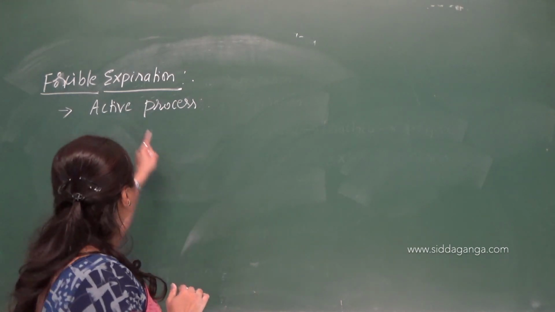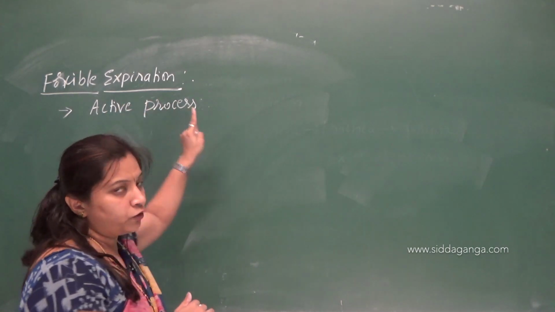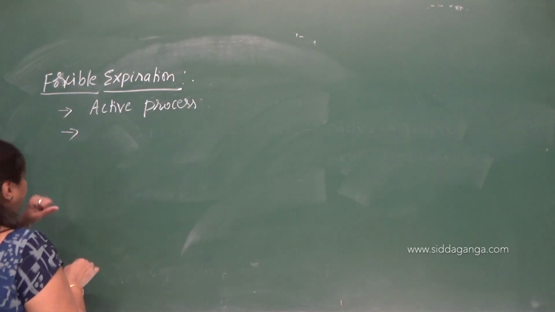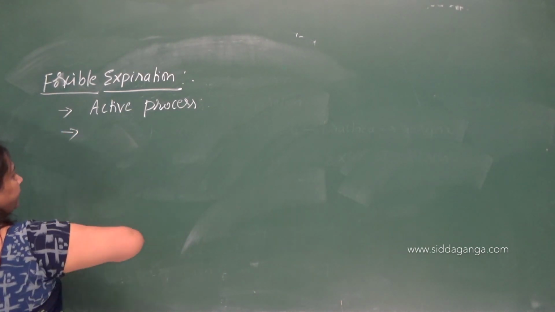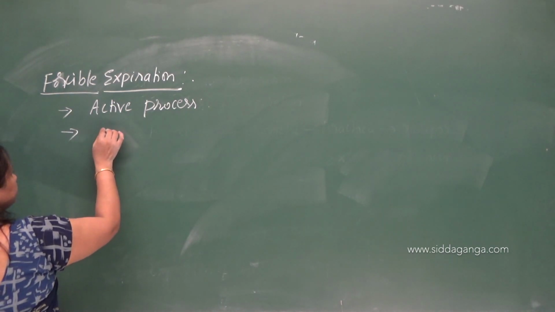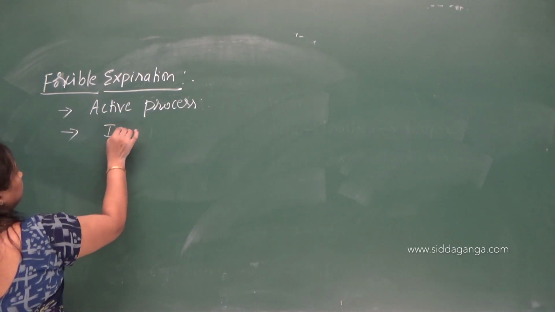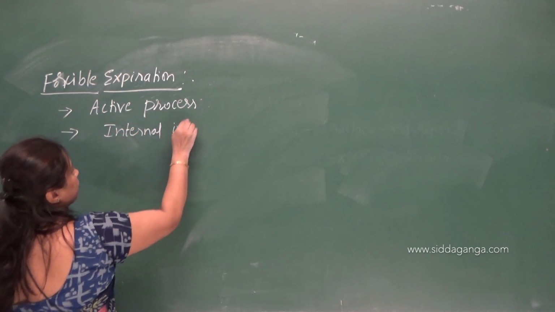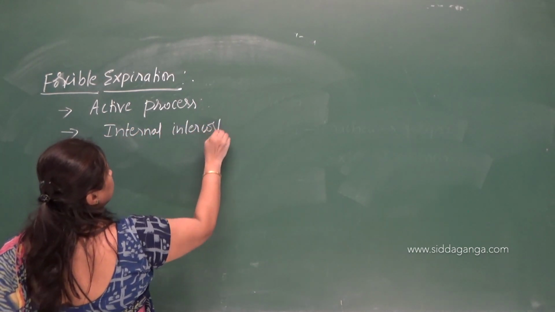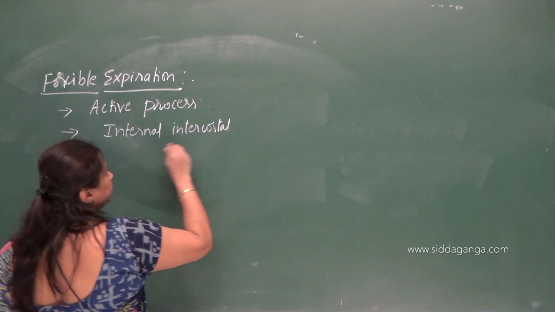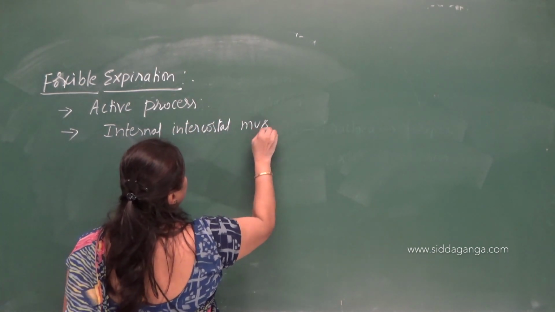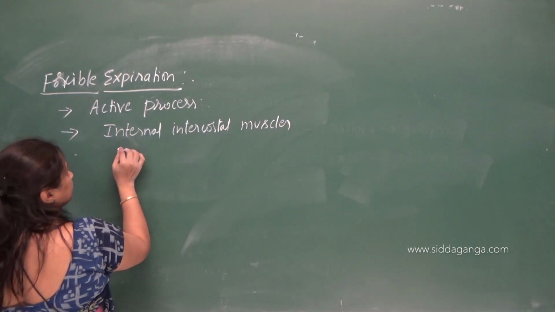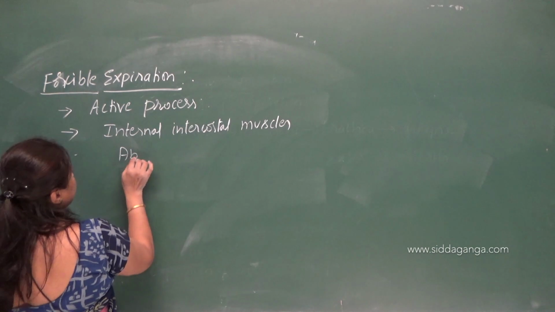So forcible expiration is also an active process. The muscles involved in forcible expiration are the internal intercostal muscles and abdominal muscles.